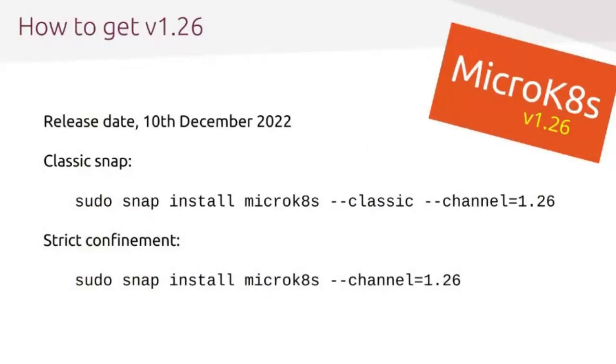The MicroK8s release came out on the 10th of December 2022. You can now get it with the 1.26 channel, either as a classic snap with the command you see here, sudo snap install microk8s --classic, or as the strict version of the MicroK8s snap, without the classic argument.